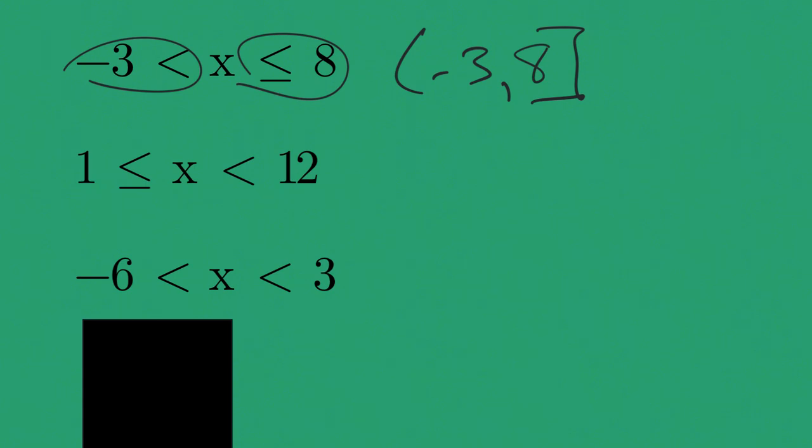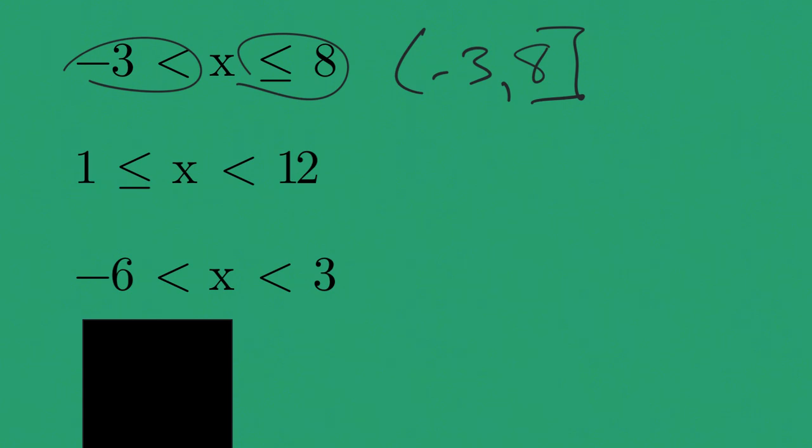You can include 8, but we cannot include negative 3 because that would be the open circle. Interval notation is just a condensed way that I can look and interpret what the solution set of that compound inequality is.